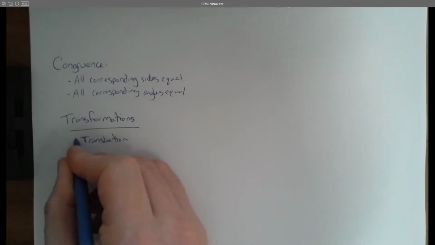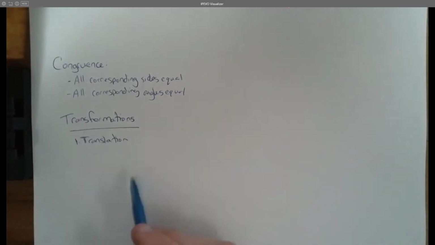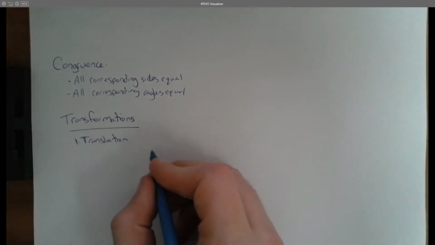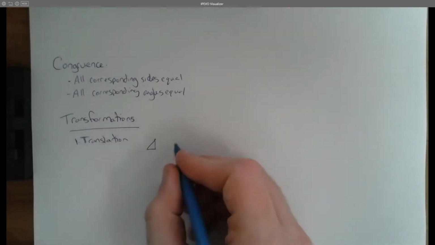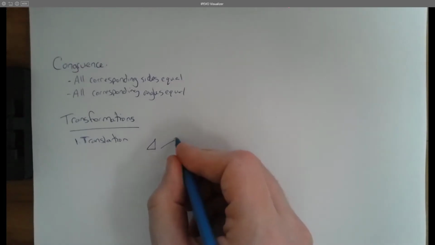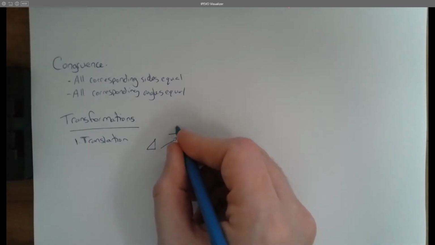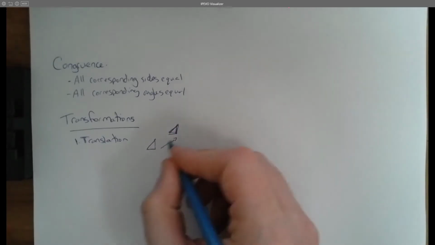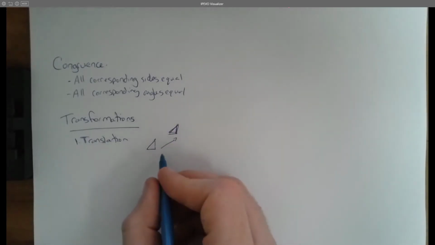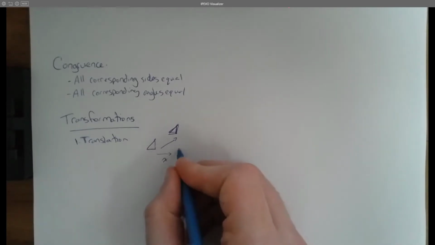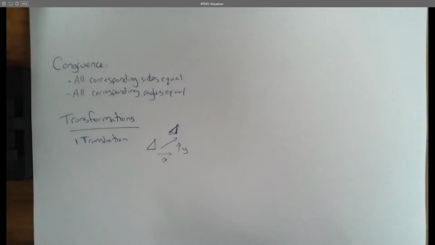And a translation of a shape is simply a shifting or a moving of that shape to a new location. And so you have a triangle here. Let's say you were to shift it in this direction. Well, now your new triangle is right here. It's still the same shape, still the same triangle. It's just shifted a little bit in the X direction and a little bit in the Y direction.